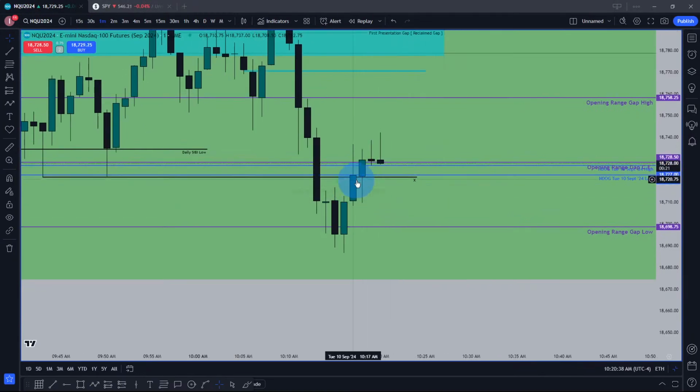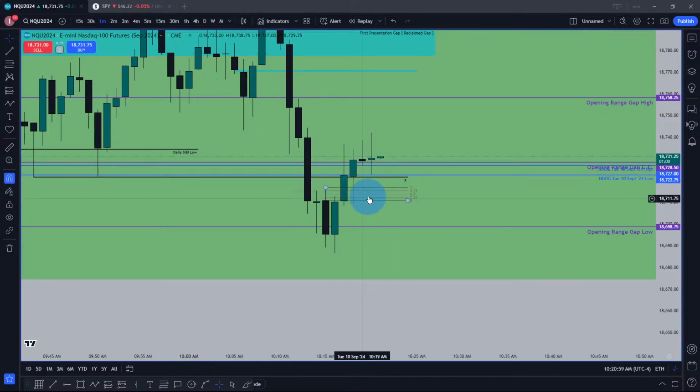Once price takes that high, you go on lower time frame and see if price wants to move lower off taking that high. But as you can see just from the 1-minute chart, once we take that high, we fully engulf this wick here, and then look, we can measure out the wick of the high. Look how this candle dips down lower, fills the wick, and then starts to trade higher.